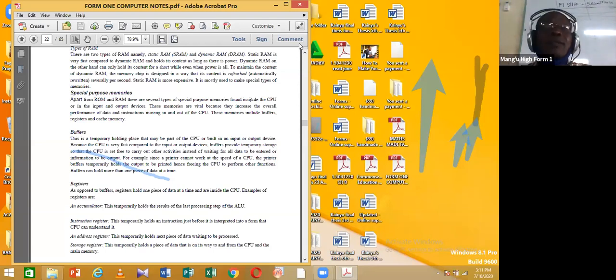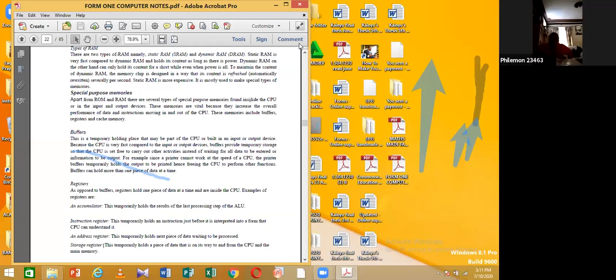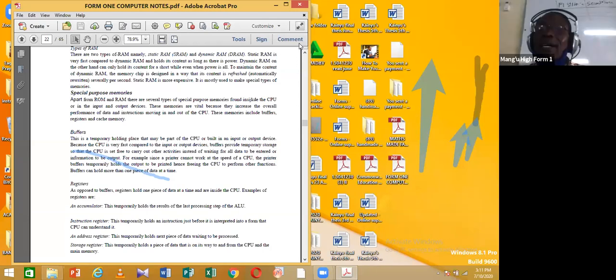What's the work of the buffer? Buffer holds a quite amount of data at the same time. For example, the CPU is through with data and transformed data, which is information, and the control unit may need, or you, the user, may need to print this data through an output device known as a printer.